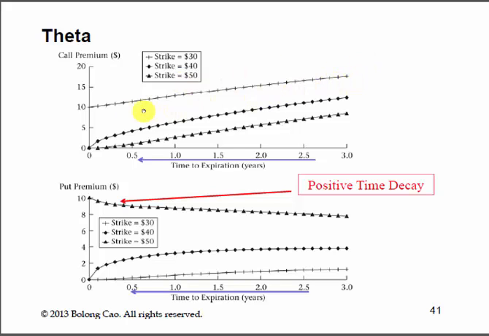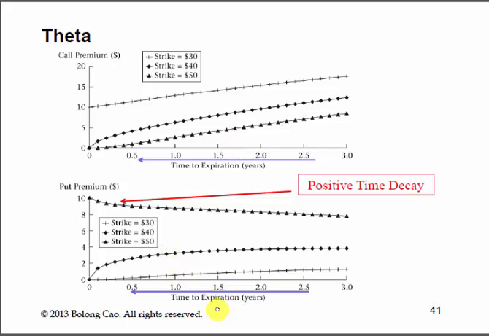So the lowest strike is on the top, and the highest strike, the $50 strike option, is on the bottom. This is simply the comparison of three different strike prices: the cross line on top, diamond in the middle, triangle on the bottom. By and large, as time passes by, the call premium decreases.